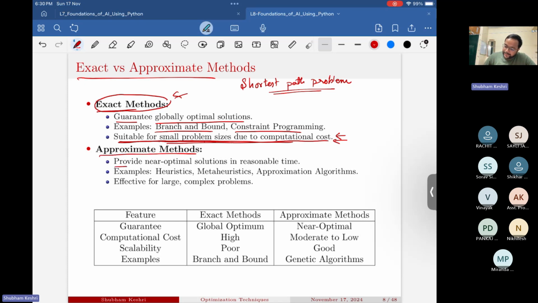Approximate algorithms provide near optimal solutions in reasonable time. Examples can be heuristics, metaheuristics, approximation algorithms, and they are suitable for large and complex problems. And why I am giving you such terms, some classes of problems also. If you study complexity analysis, then you will realize that there are classes of problems, and some classes of problems are easy to solve as compared to others.